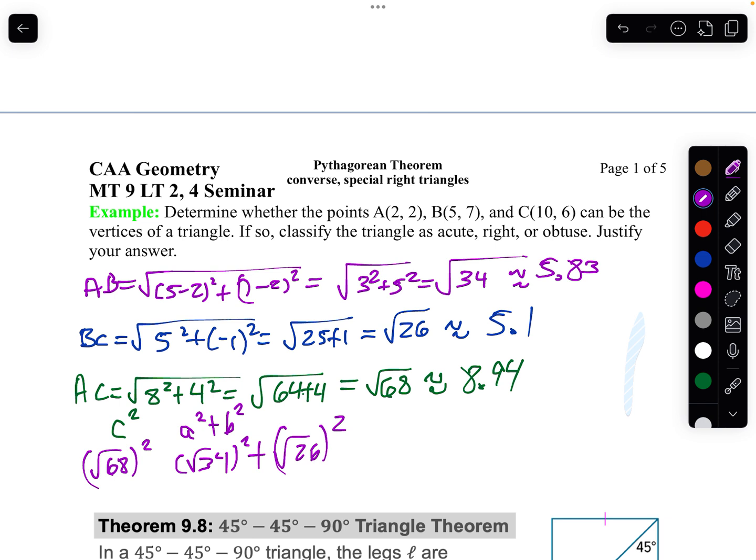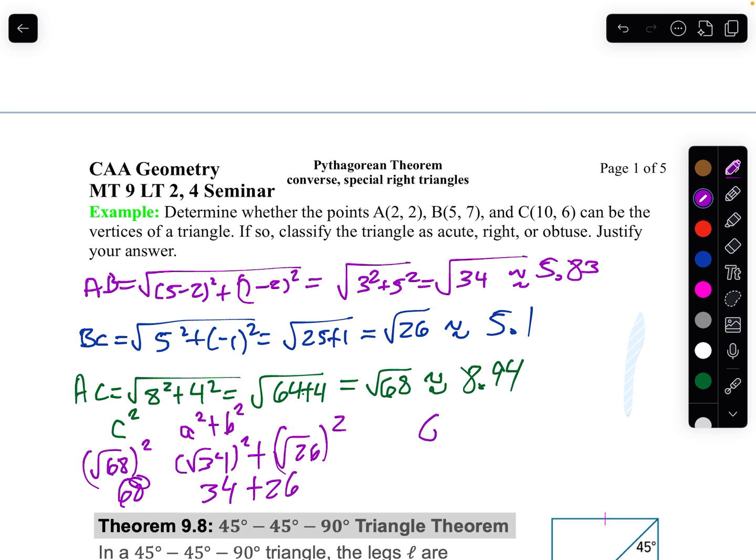Well, the square root of 68 squared is 68. So how does 68 compare to 34 plus 26? Well, notice 34 plus 26, to be able to do that in my head, is 60.